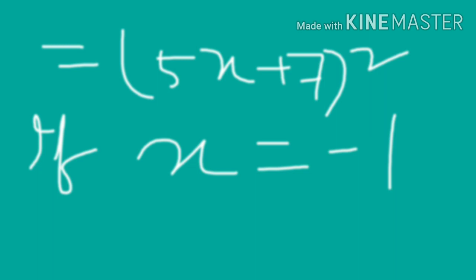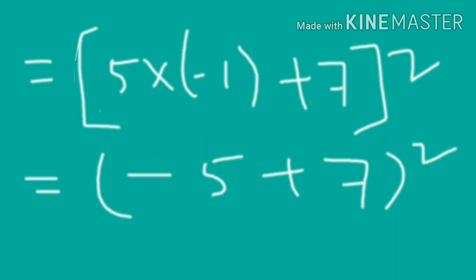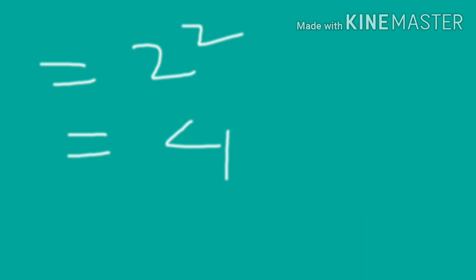If x is equal to minus 1, that means if you replace x by minus 1, then it will be (5 into minus 1 plus 7) whole square. So 5 into minus 1 means minus 5 plus 7, which is positive 2, whole square, so 2 square is equal to 4. So this is the answer.